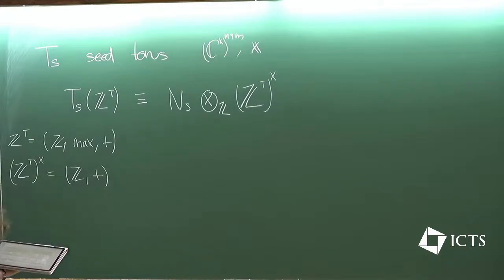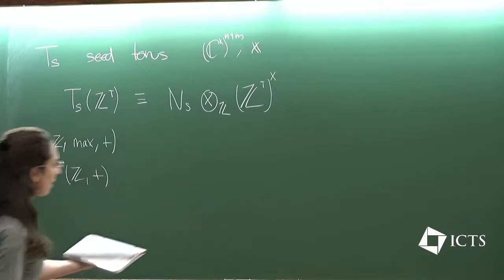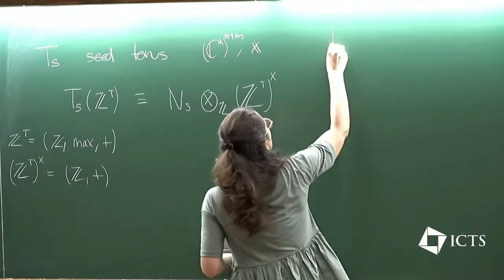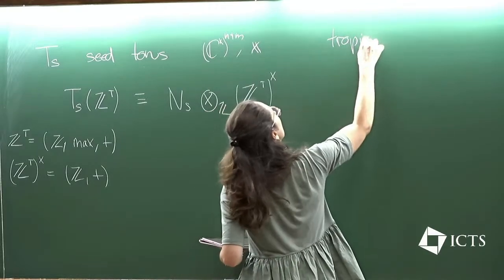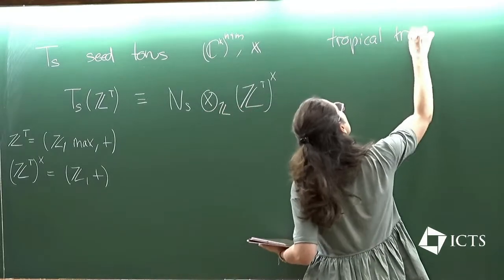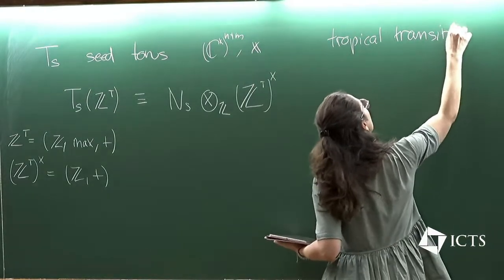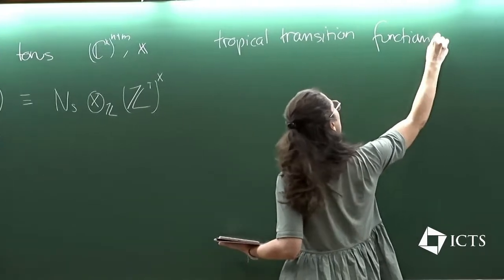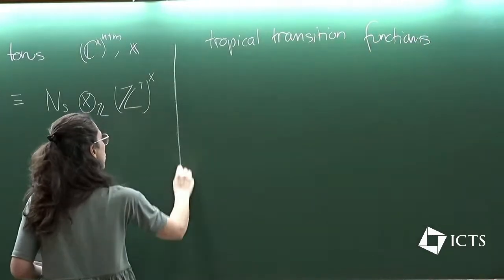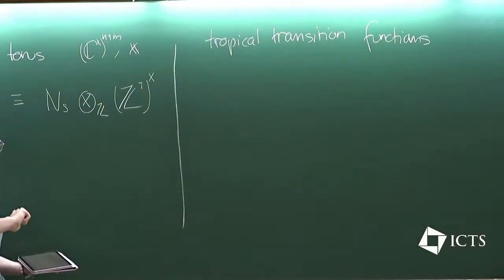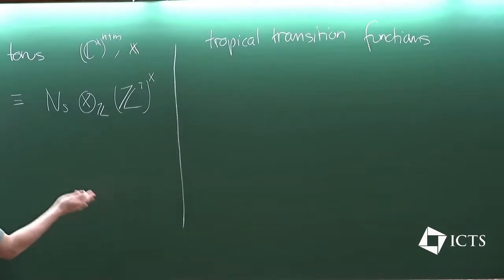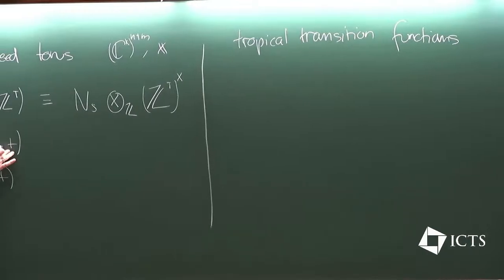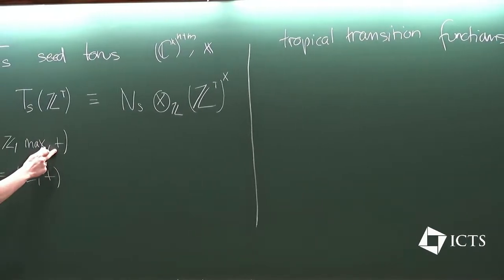Okay, so then we looked at the tropical transition functions. This was just using the usual mutation rule, but now replacing addition with taking the maximum and multiplication by taking the sum.